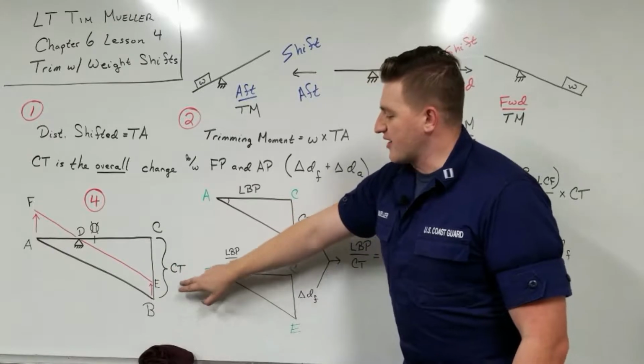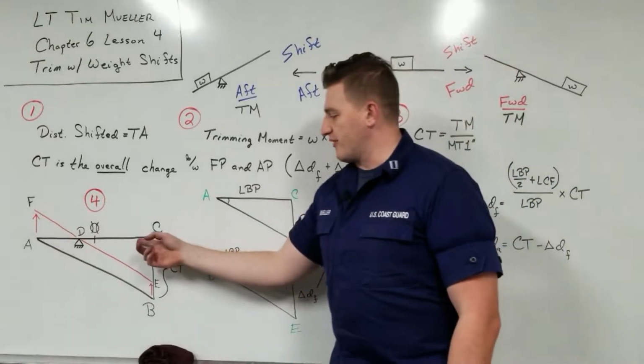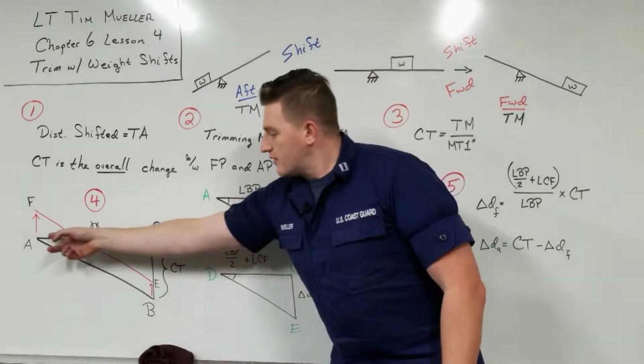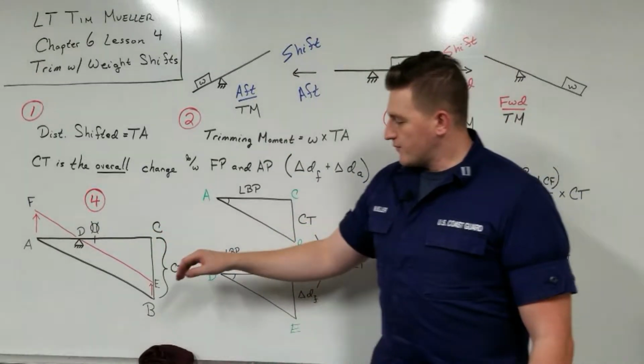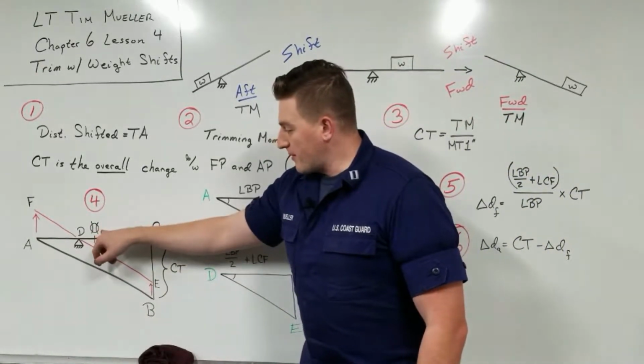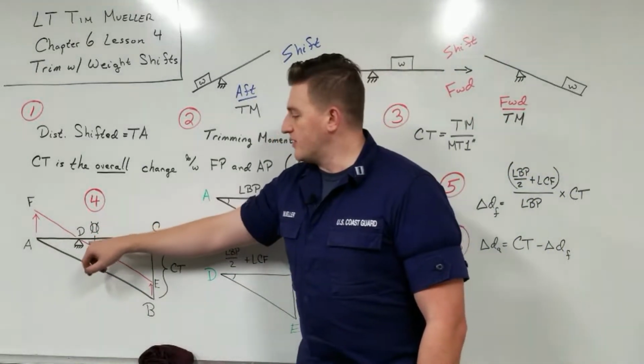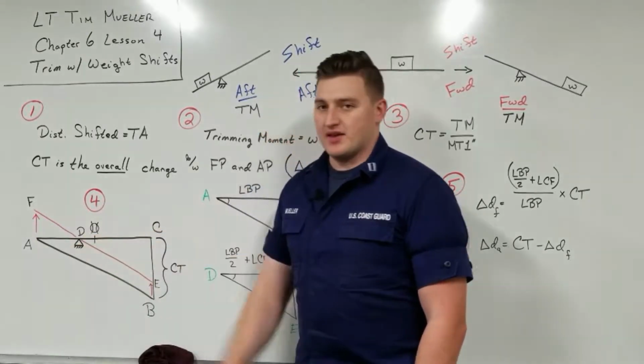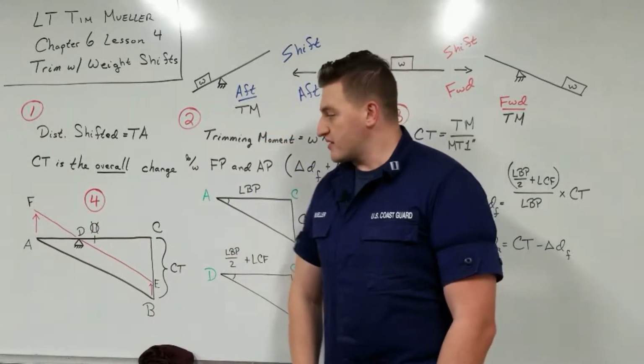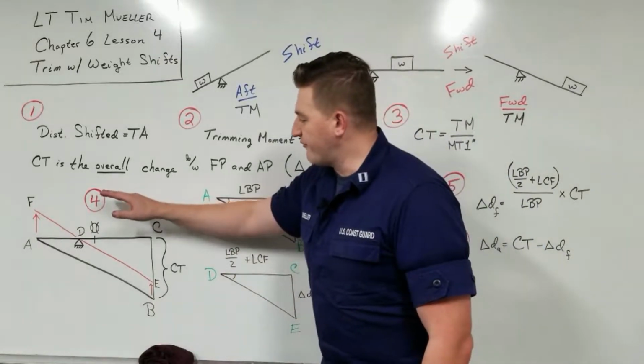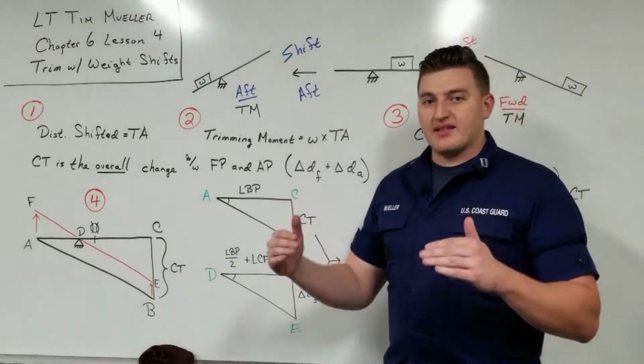Going down to this diagram here, we see the ship originally at this horizontal position. We see the middle perpendicular, the little tennis ball symbol. Then we have the LCF right here, and the LCF is critical in these problems. Now, step 4 is to look at exactly what's going on.